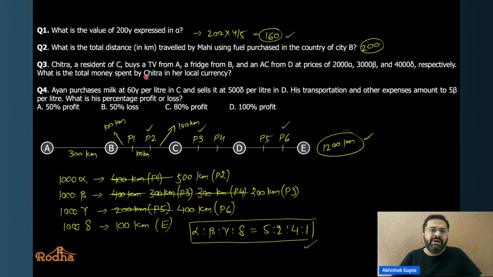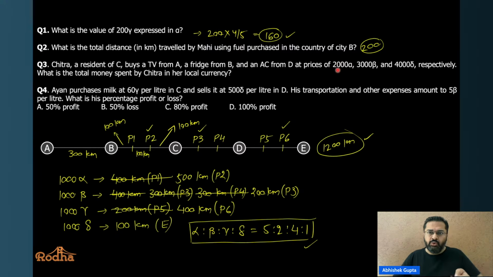What is the total money spent by Chitra in her local currency? So what does that mean? Alpha, beta, gamma have to be changed into gamma. So if this is 2000 alpha, first you have to convert this alpha to gamma. What is the comparison? 5:4. Fine. Now if you are converting alpha to gamma, what did we do here? We did the opposite, gamma to alpha.